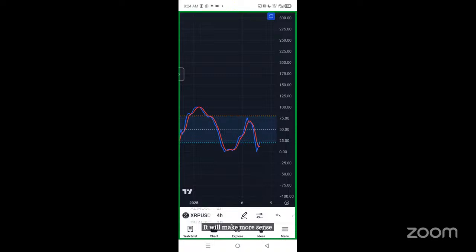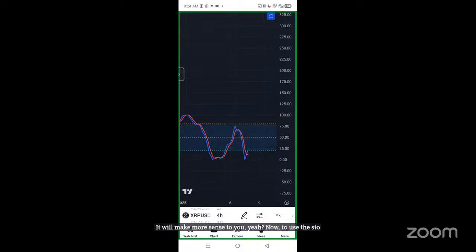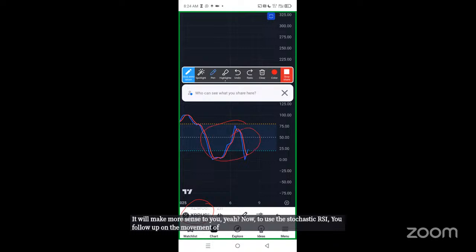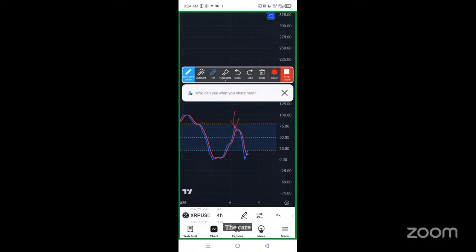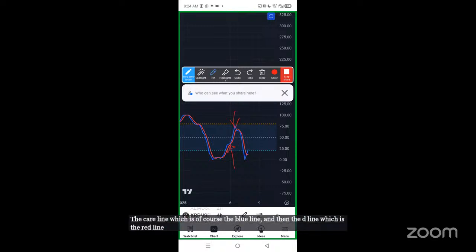Now, to use the stochastic RSI, you follow the movement of these moving averages. The K line, which is of course the blue line, and then the D line, which is the red line. The K line is the signal line.